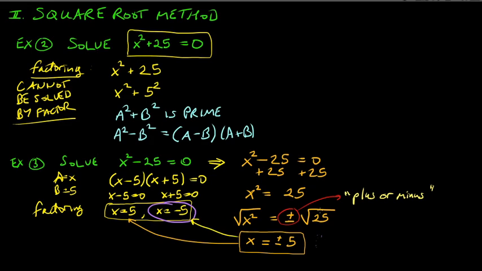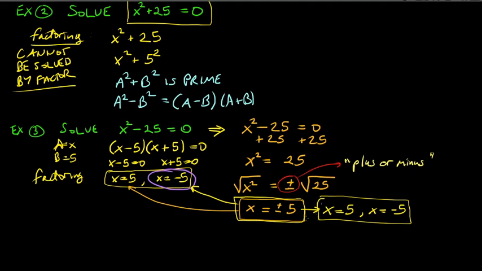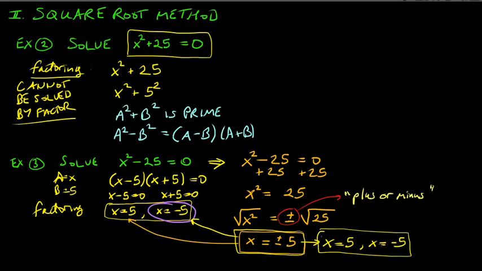When you see this, of course, you should write them separately: x equals 5, or x equals negative 5. But I'm not picky. If you want to write it this shorter way, as long as you have the plus or minus symbol, then you're including both, the positive 5 and the negative 5 together. So don't forget the plus or minus symbol anytime you take the square root of both sides.